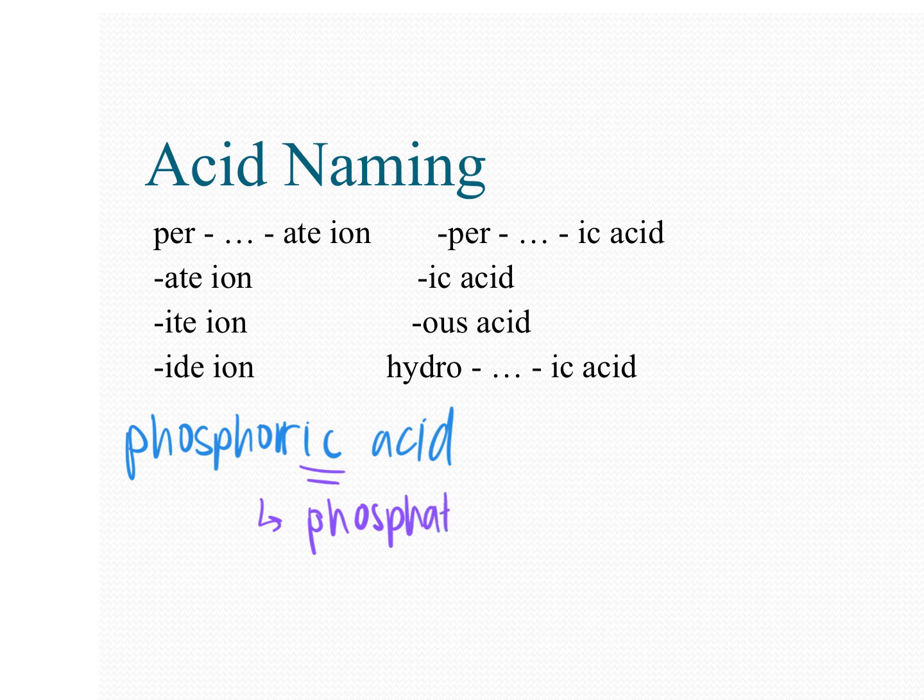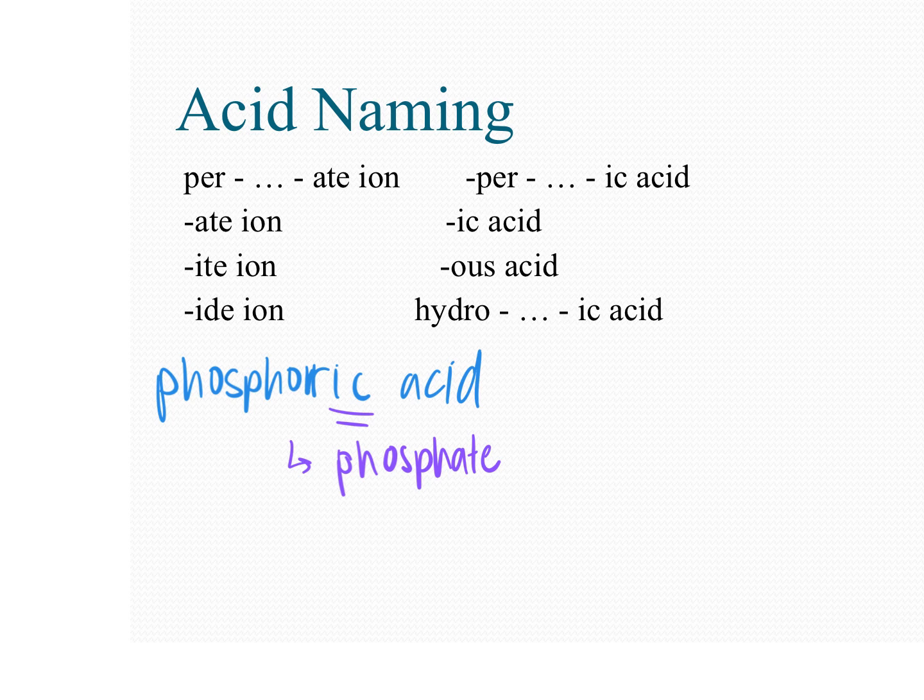So I need to find phosphate. And what is the formula for phosphate? I'm going to look in my box. PO4 minus 3. And so is this the formula for phosphoric acid, just PO4 minus 3? No. What has to go with it? A hydrogen has to go with it.